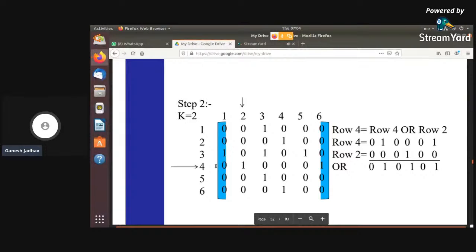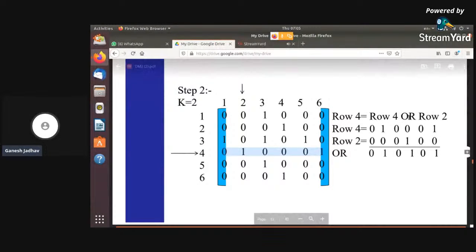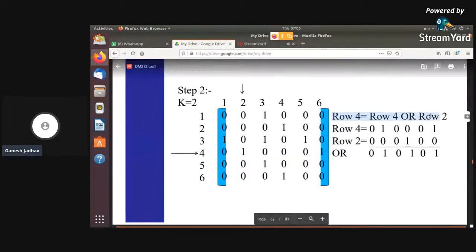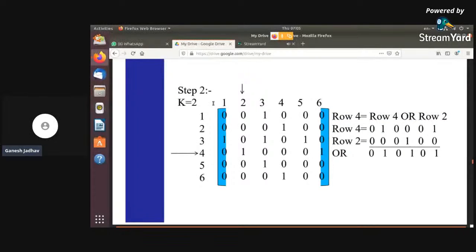So fourth row is equal to row 4 OR row 2. Why is it row 2? Because here k is equal to 2. That's why here is row 2.